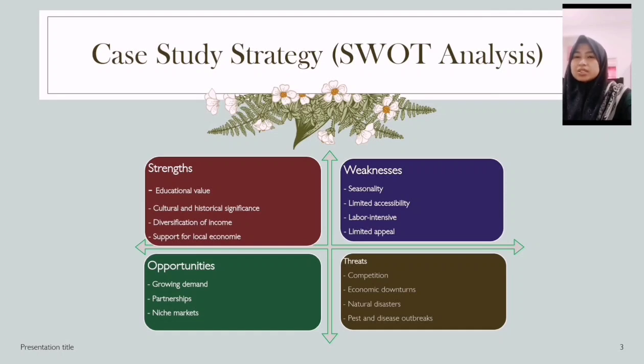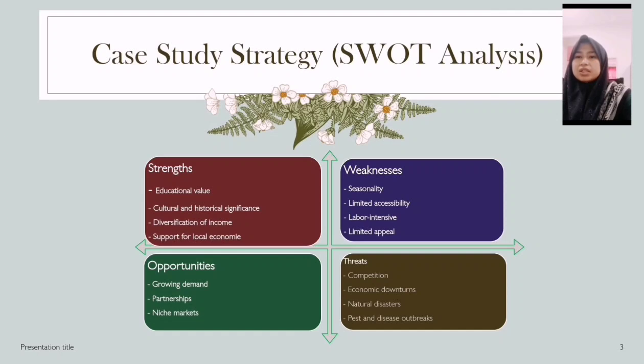And we can also see the opportunities here. The first opportunity is growing demand. Interest in agritourism has been growing in recent years, with more and more people seeking authentic and educational travel experiences. And partnership.